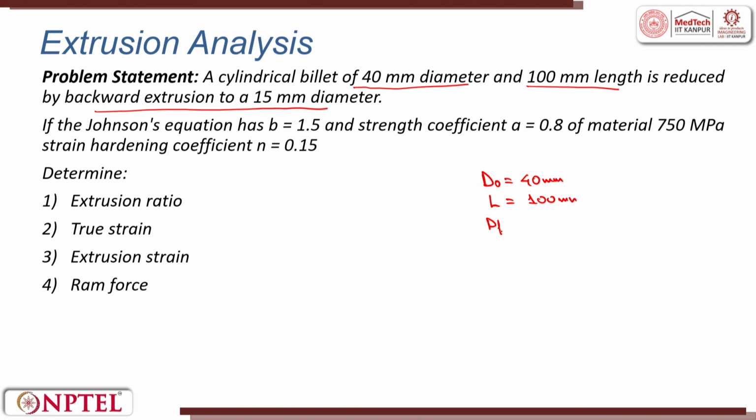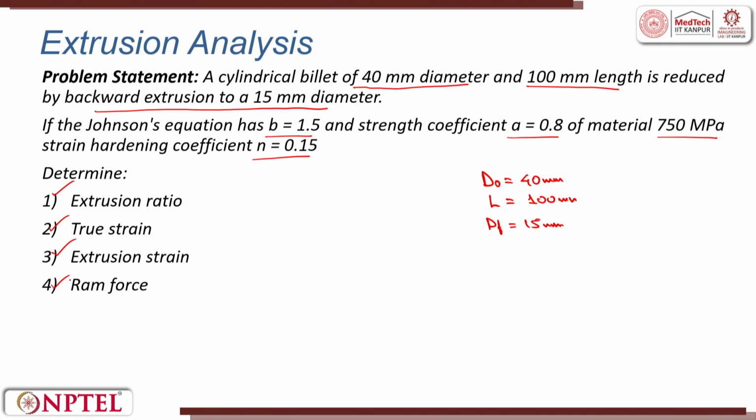My DF, that is final diameter, is 15 millimeters. If the Johnson equation has B is equal to 1.5 and A as 0.8, and the material has strength coefficient 750 megapascal and strain hardening coefficient N as 0.15, determine the extrusion ratio, the true strain, extrusion strain and ram force.